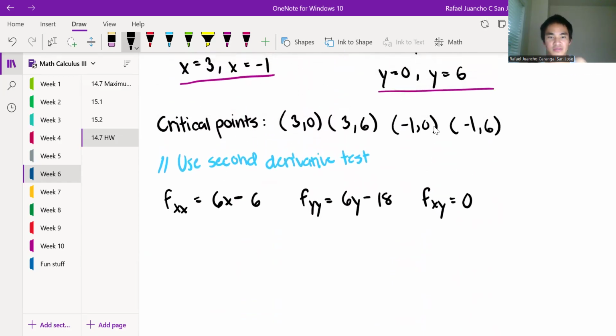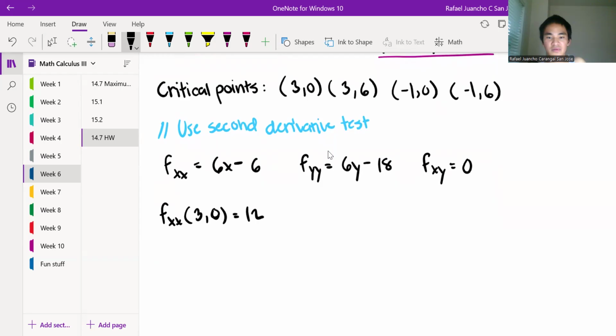Okay, so let me start with the first value, (3, 0). Let me just do that. So when I plug in the 3 here, I get 18, if I'm not mistaken. Minus 6, so that's 12. Here, if I plug in my y, for that same value, well, I get negative 18.